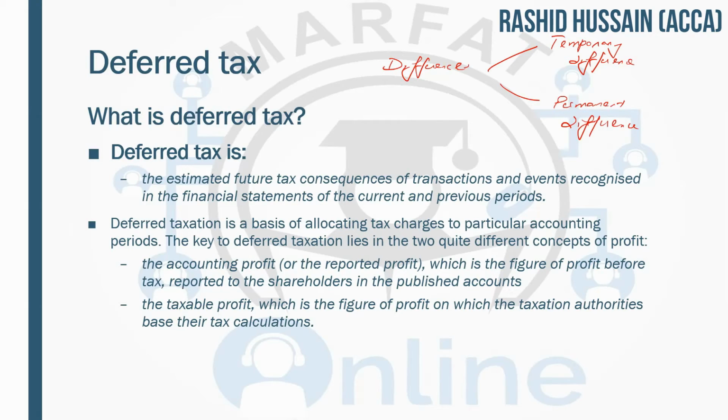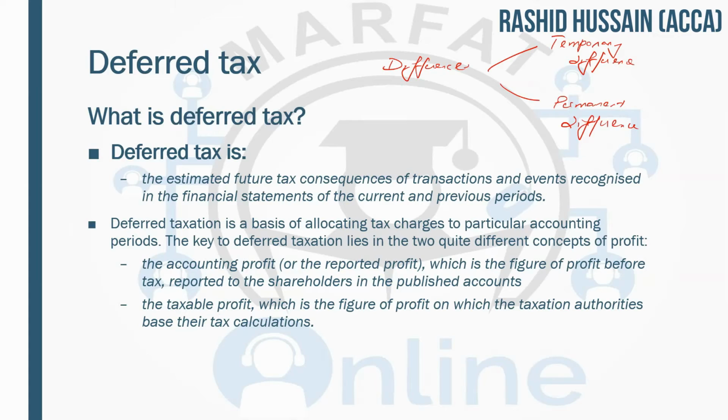Sometimes, in fact most of the time, that difference is going to be temporary. For example, you have recorded a provision as an expense: debit provision expense, credit provision liability. So an expense in the statement of profit or loss and a liability in the statement of financial position. Based on the concept of IAS 37, if the outflow is probable, you are going to book a provision.